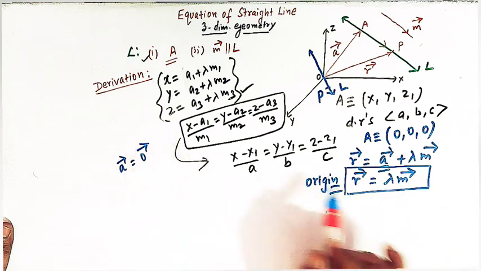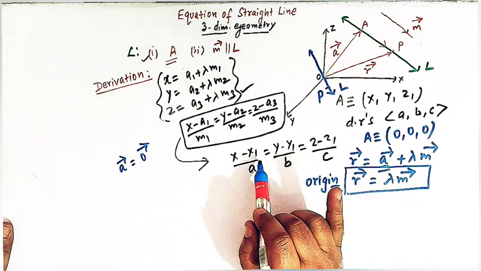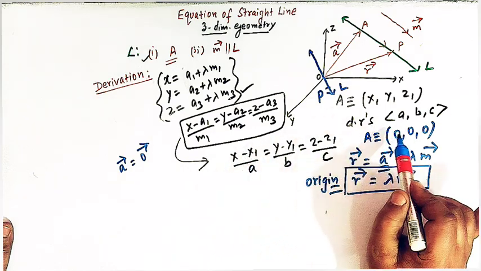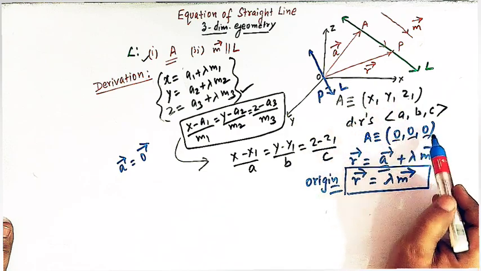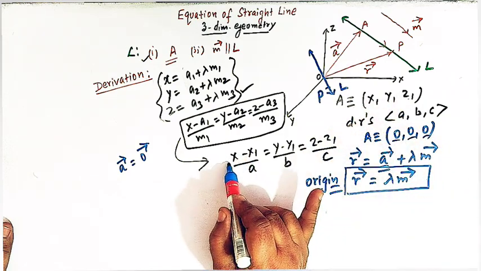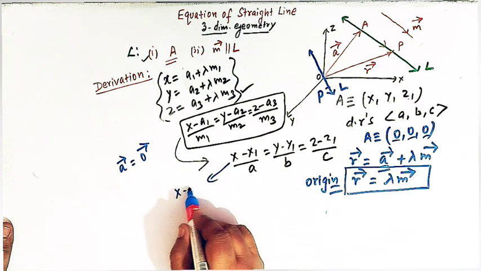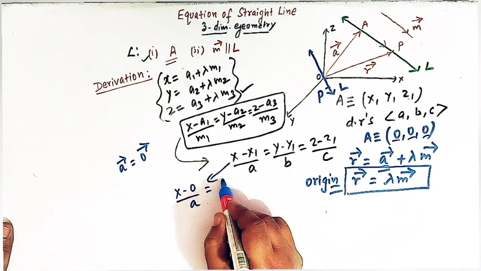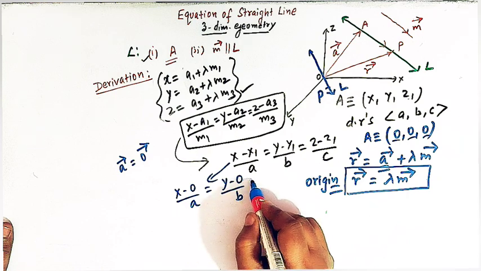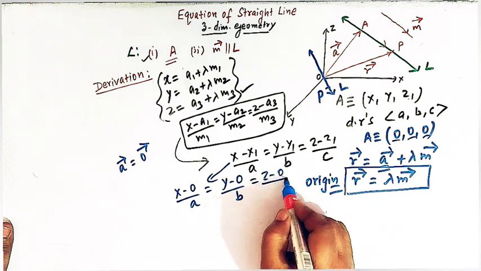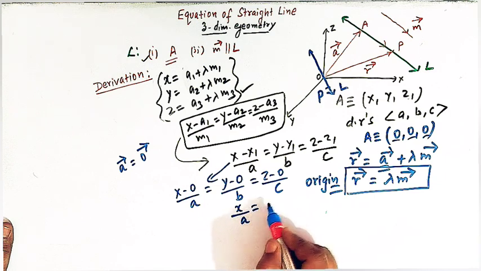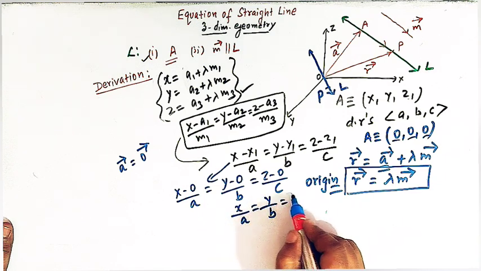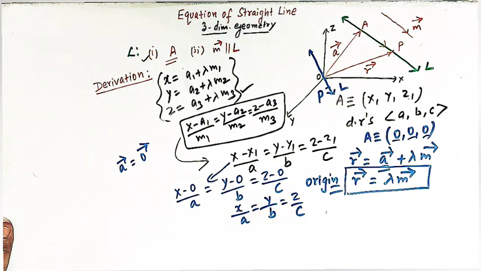If we write the corresponding Cartesian equation, then here x1, y1, z1 are now 0. So the Cartesian equation takes the form x minus 0 over a, y minus 0 over b, and z minus 0 over c, and we can also write it as x over a equal to y over b equal to z over c.